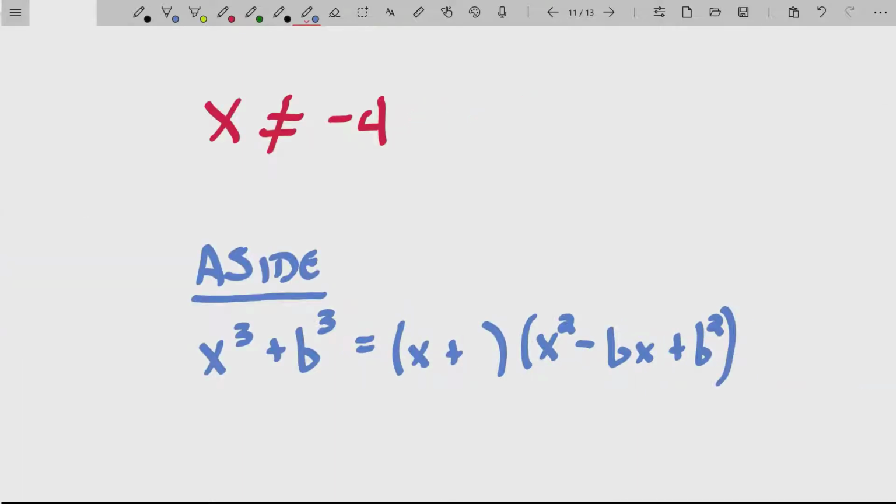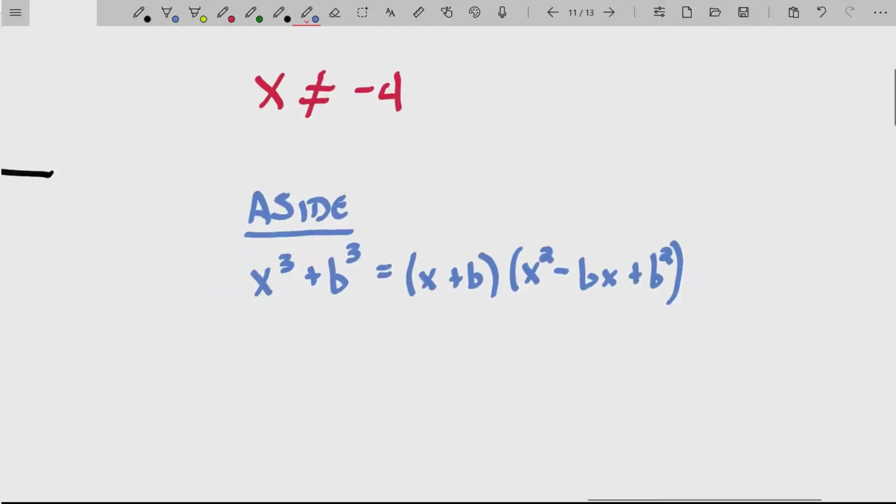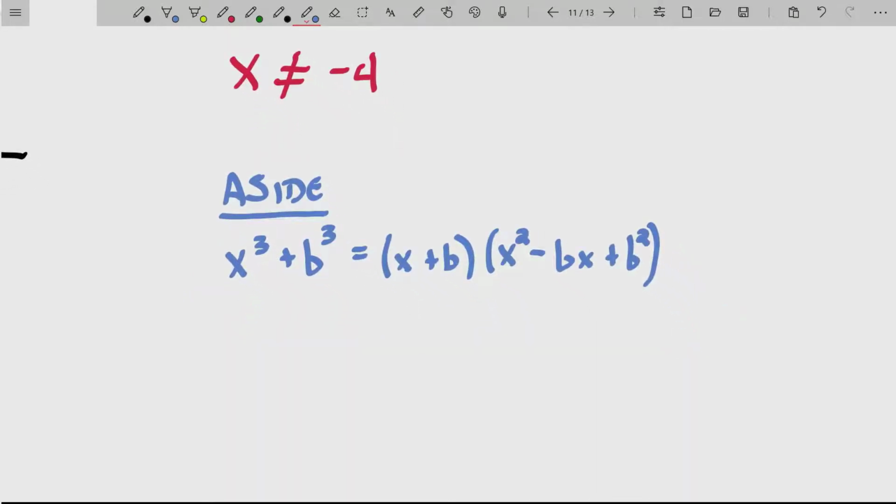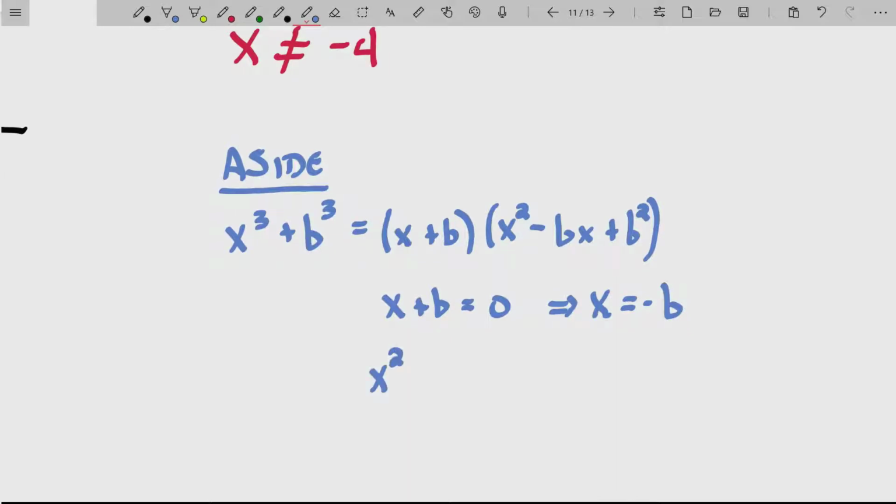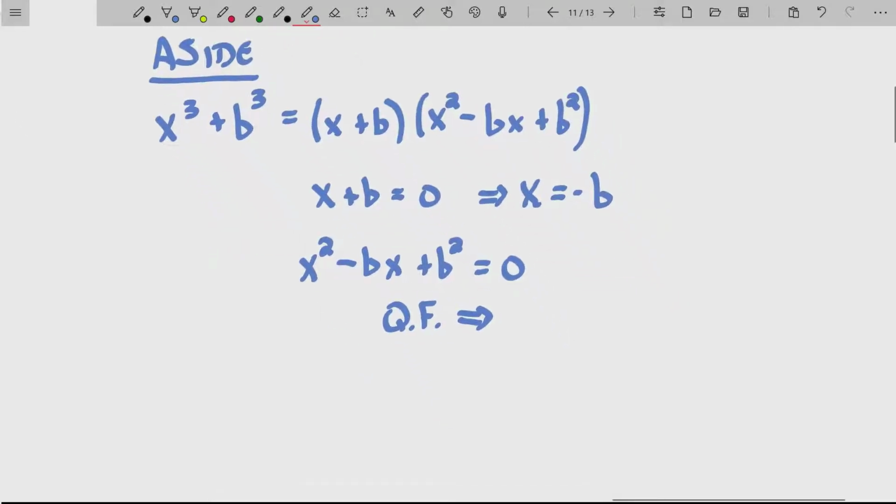I'm going to fix that b right there. Setting each of these to 0, just to see what would turn them into 0. If you set the first factor to 0, obviously that implies that negative b is a 0 of that polynomial. And then if you set the second factor, the trinomial, to 0, let me finish writing that out. You can see that you're going to have to use the quadratic formula here, because you don't know what b is, so you don't know how that factors.